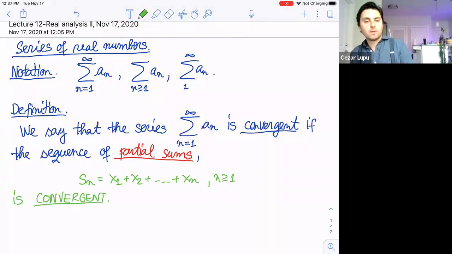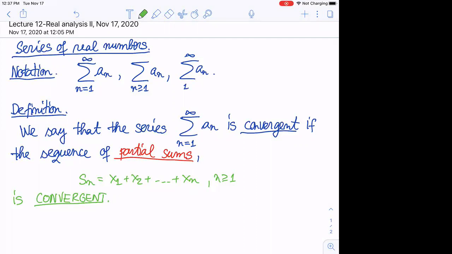That's what you need to know. So the sequence of the partial sums is convergent. In other words, studying the convergence of the series is the same as studying the convergence of the sequence of partial sums. That's the definition.